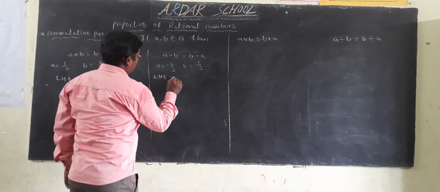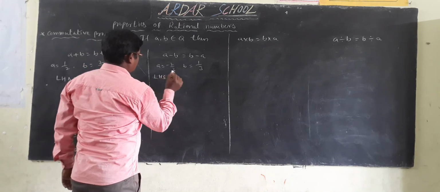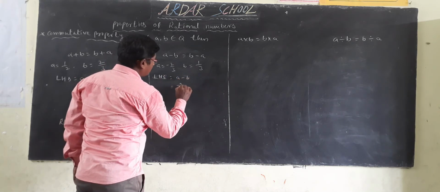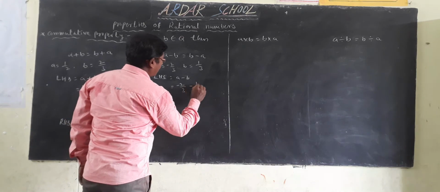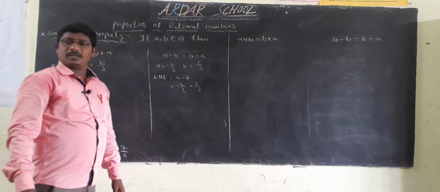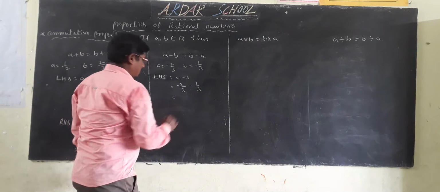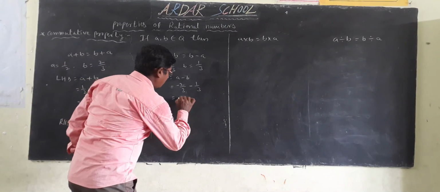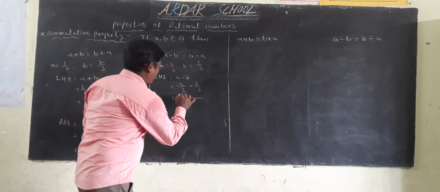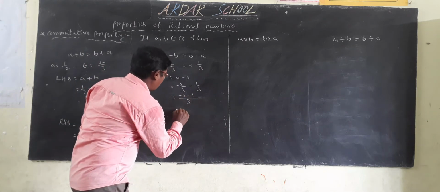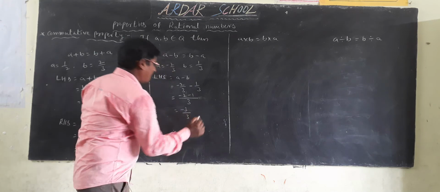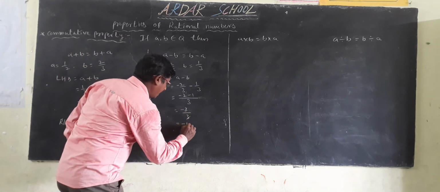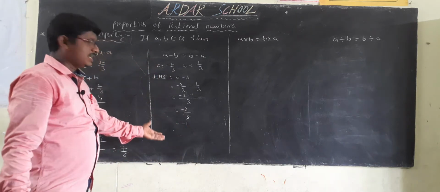LHS is equal to A minus B. Here A is minus 2 by 3 minus B is 1 by 3. These denominators are the same, so the LCM is 3. So minus 2 minus 1, that is equal to minus 3 by 3. Minus 3 by 3 is equal to minus 1. So LHS is minus 1.